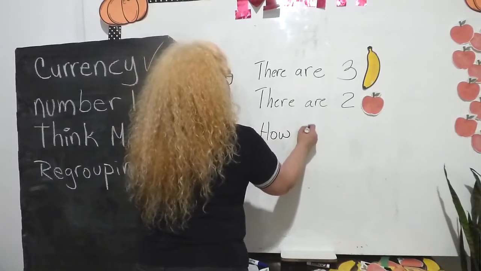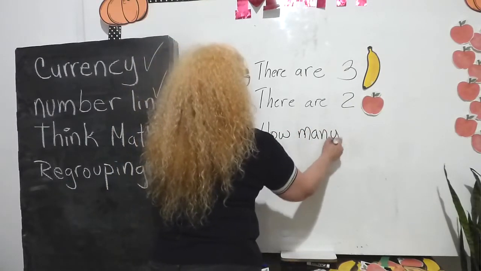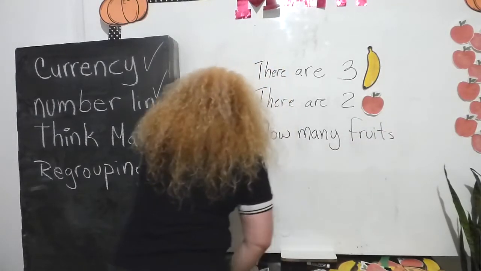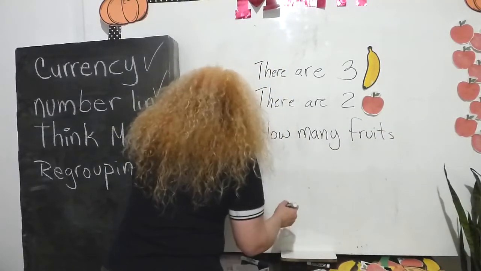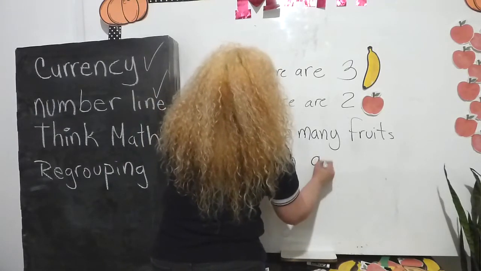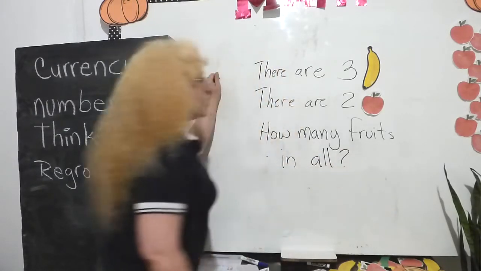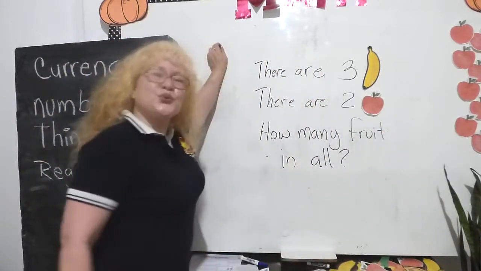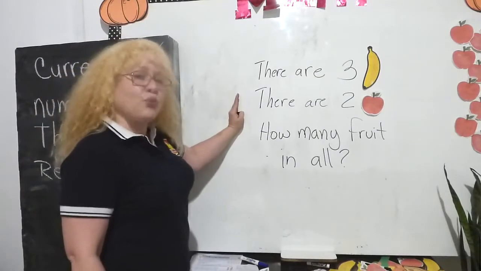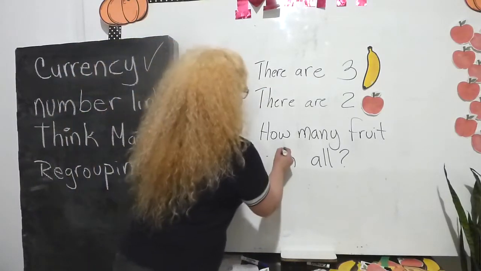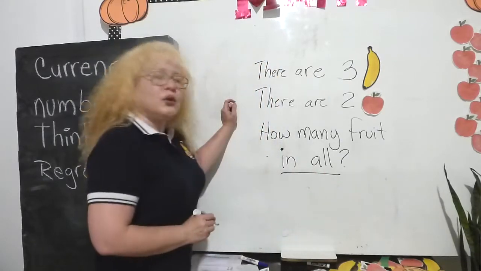How many fruit in all? What do I have to do there? I have to add or I have to subtract? In all.